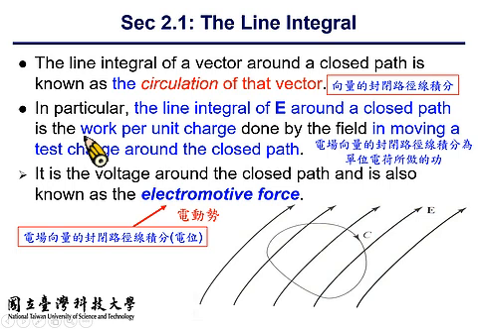The voltage around a closed loop is known as the electromotive force, 感应电动势, which is the closed loop integral of the electrical field in a certain region.